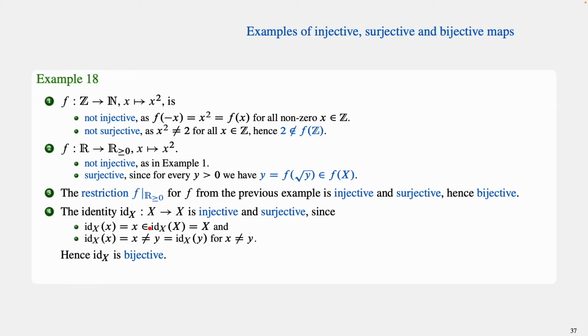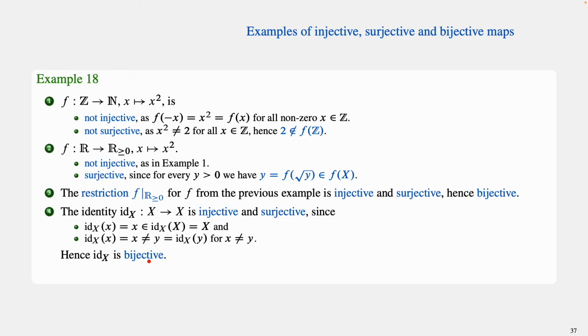Now our identity map for any set x is injective and surjective, which is easy to see because the identity of x is just x, so any x is contained in the image of the identity map, hence it's surjective. And also if we have the identity of x and the identity of y, then they're just x and y, and they are distinct from one another if the elements x and y are distinct from one another.